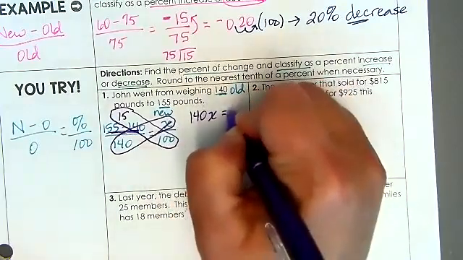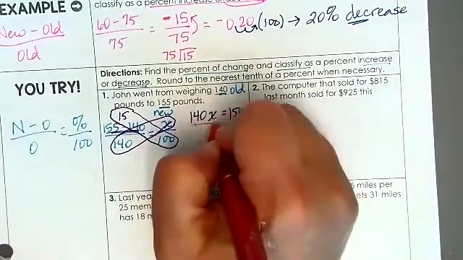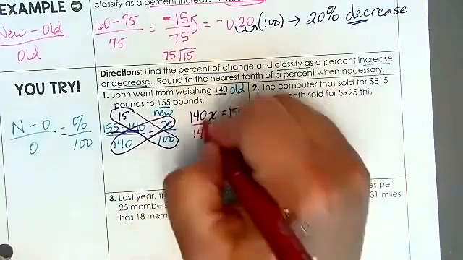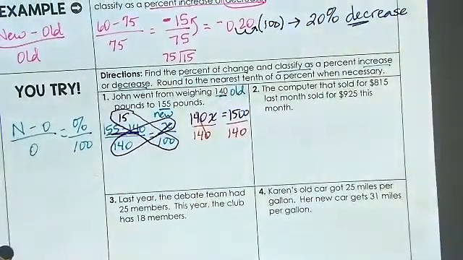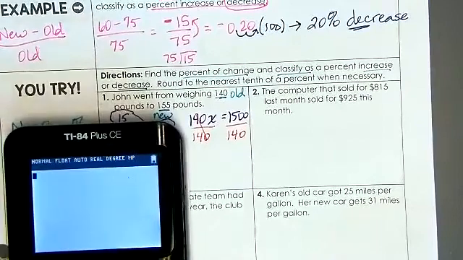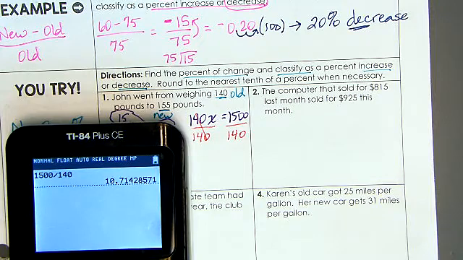And we end up with 140x equals 1500. Divide by 140. If I do that in the calculator, 1500 divided by 140, we get this long decimal.